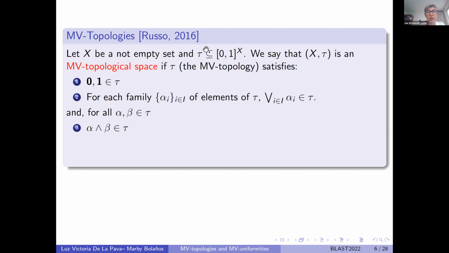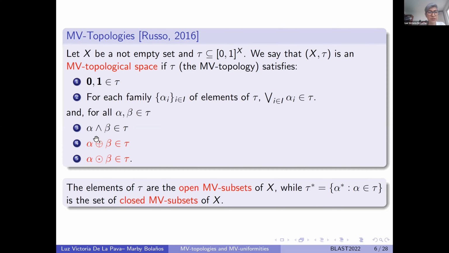So an MV topology is a subset tau of fuzzy sets that is a fuzzy topology, satisfies these three properties, and additionally satisfies these two properties. Thus it is closed under addition and product in the MV algebra. The elements of tau are the open sets, and the elements of tau star are the closed sets.